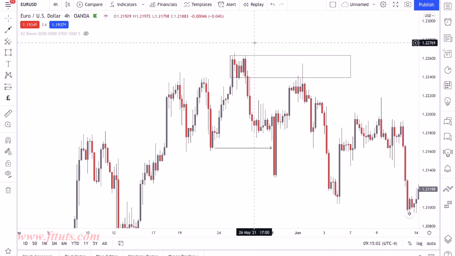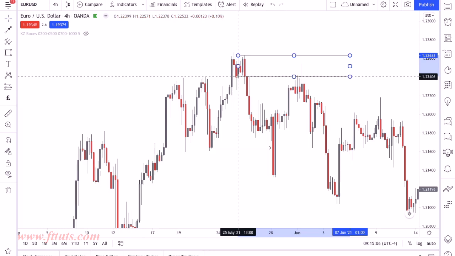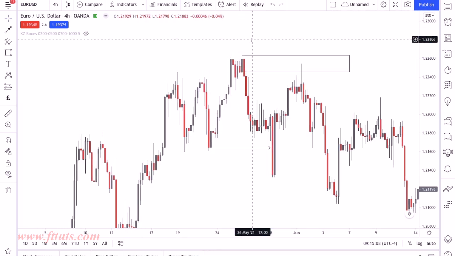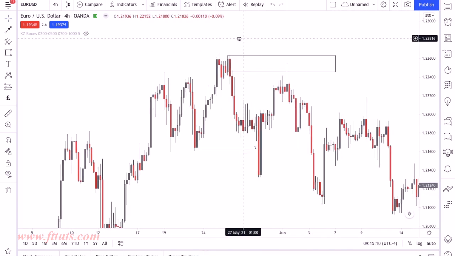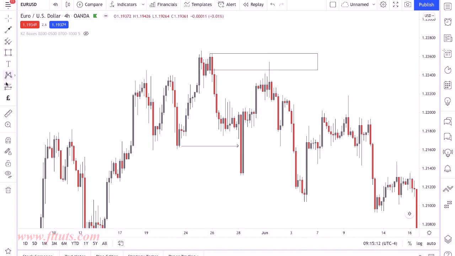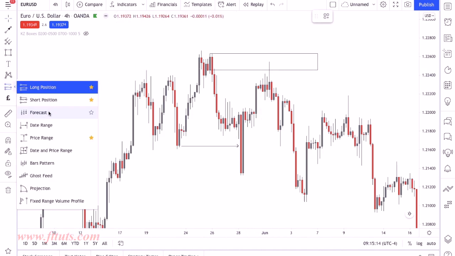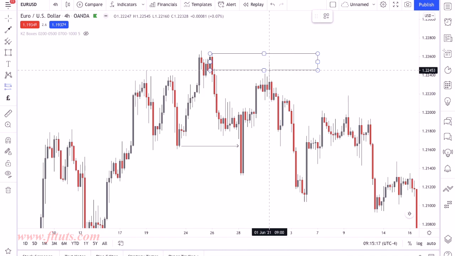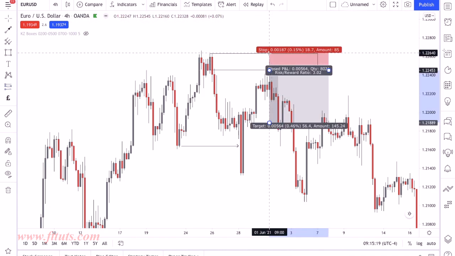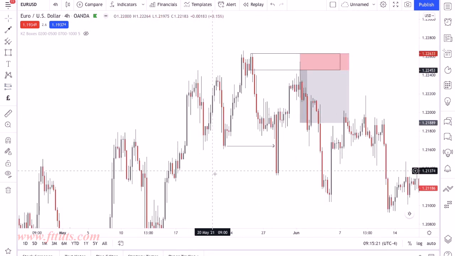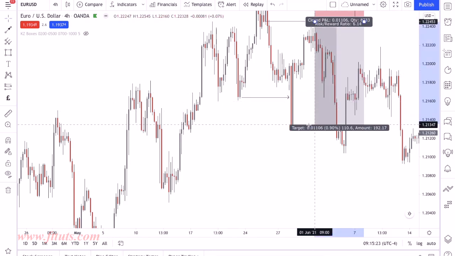Now, since I've already taught you guys order blocks, which order block would we go off of? That last buy candle before the sell, right? There we go. We would have sold off at this point over here. And we would have targeted that low.